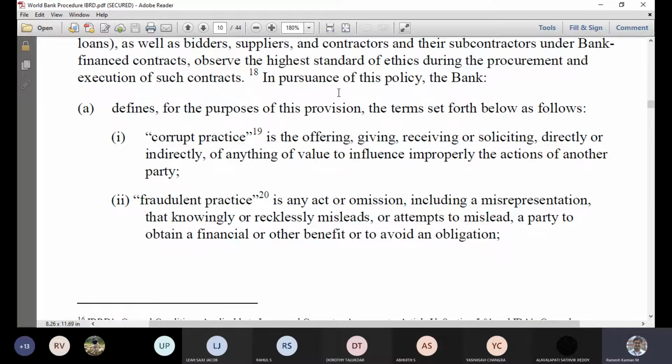Whereas fraudulent practice is an act of misrepresenting data, knowingly or even unknowingly misleading something, to hide something or to get some advantage. That's also a fraudulent practice, but it does not come under corrupt practices.